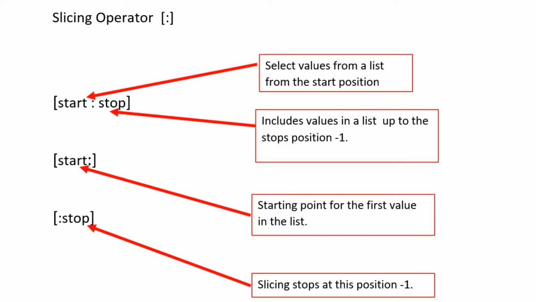You can have a start value and omit the stop value, so it will start from that position and include all the other values in the list. Also, you may omit the start value and it will extract everything up to the stop value, but doesn't include the stopping value. Let's have a look at some of these examples.